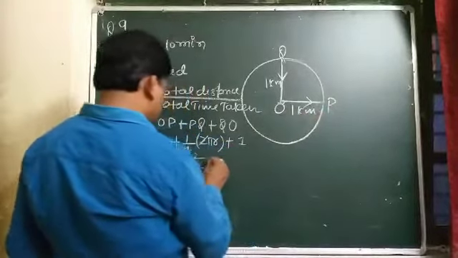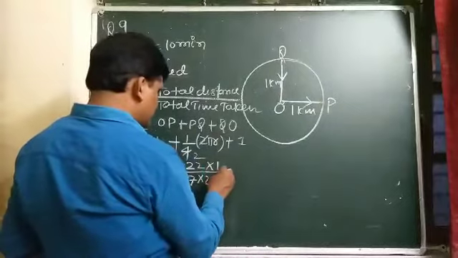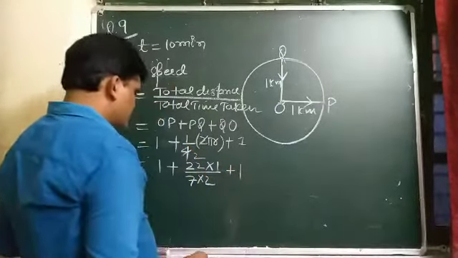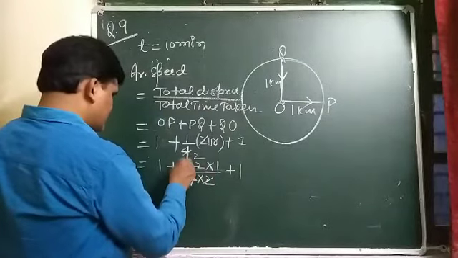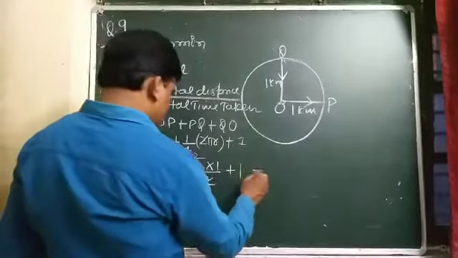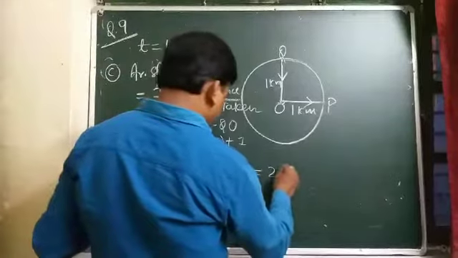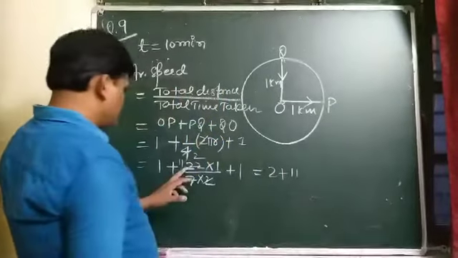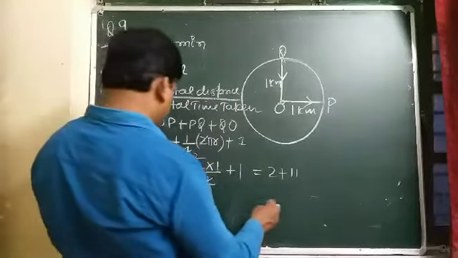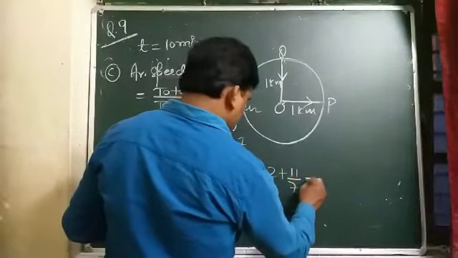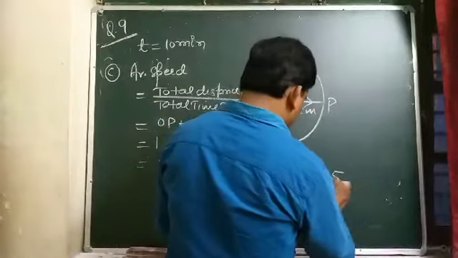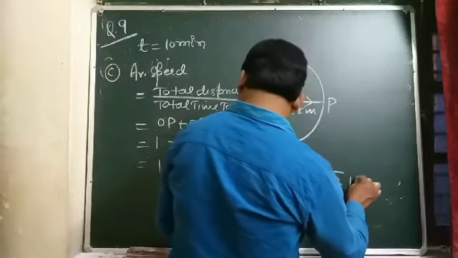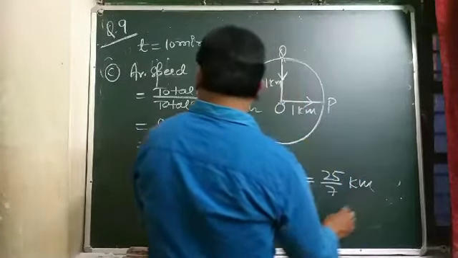Radius which is also given in terms of kilometer, that is 1. So 1 plus 1/2 into 22/7 into 1 is 11/7. So it can be written as 1 plus 1, 2 plus 11/7. 7 2s are 14, 25/7 kilometer.